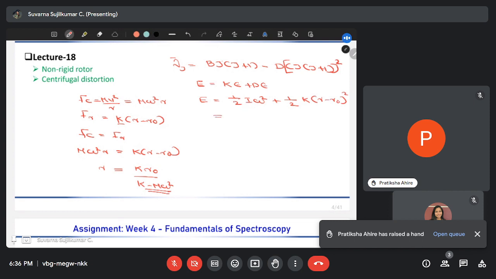So let's substitute this r term here: half I omega square plus half k mu square omega raised to 4 r square divided by k square.